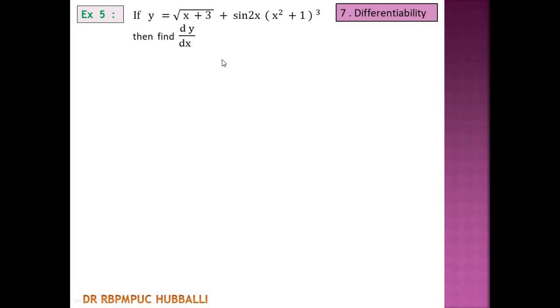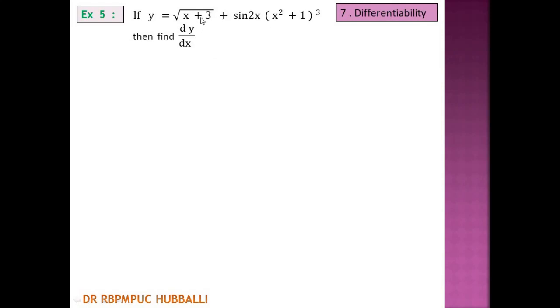Let's go to another example, so that you will understand how to write the derivative. If y is equal to root of x plus 3, plus sin 2x into (x square plus 1) whole cube. So this is now an addition of two functions.